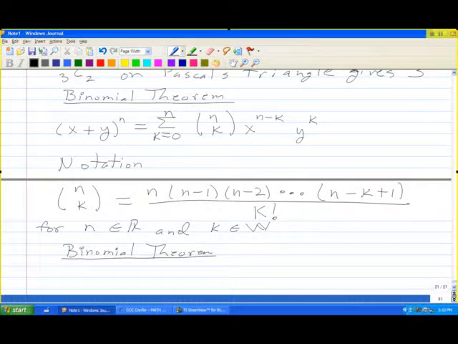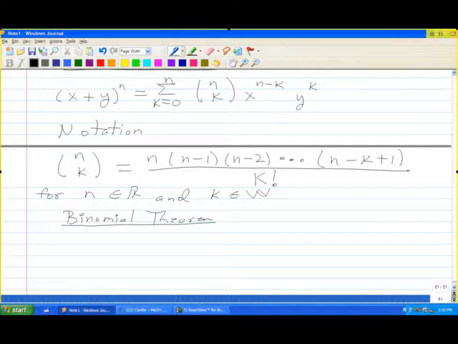And maybe just to make my life easy, I'll assume that x is 1. And so let's write this as (1 plus r) to the n.